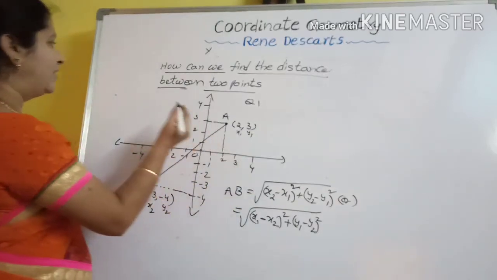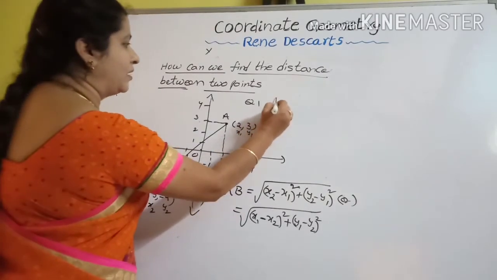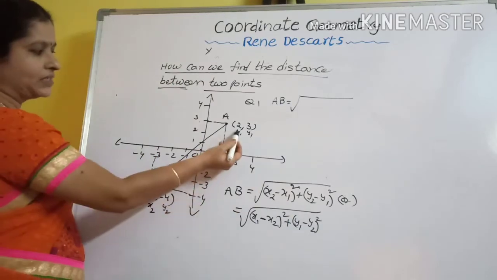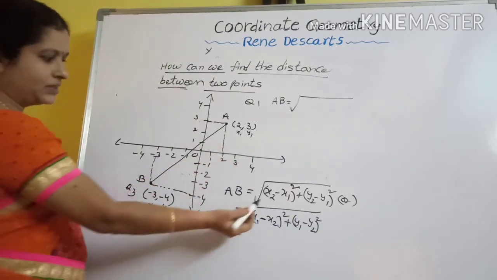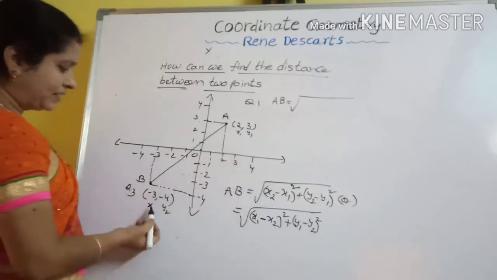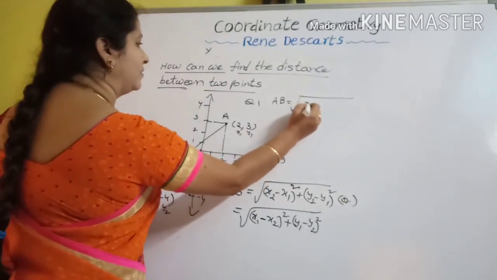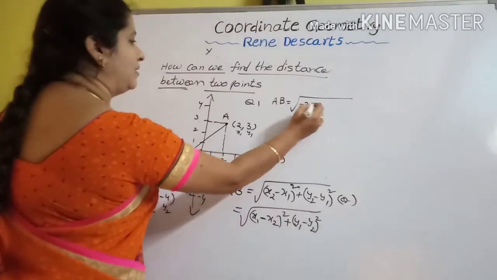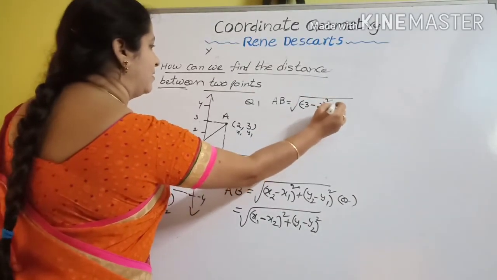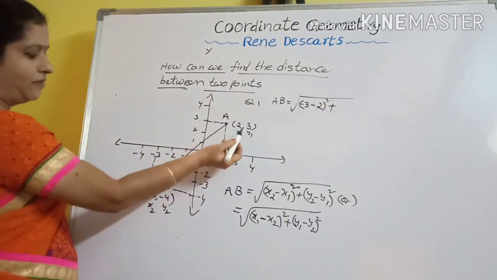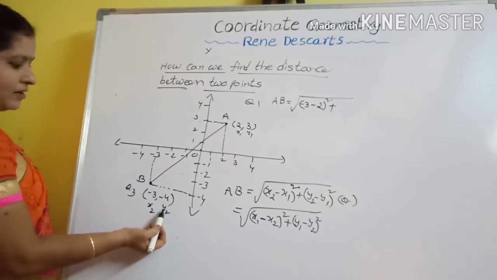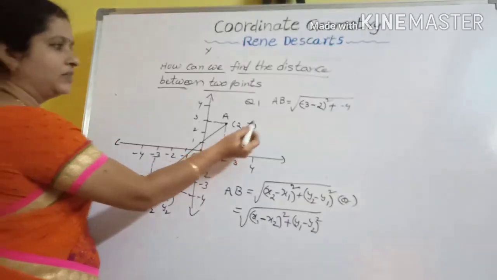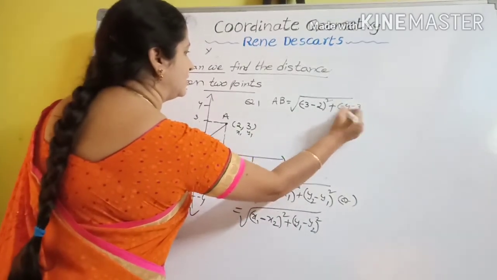So AB equals square root of, just substitute the 4 values x1, y1, x2, y2 in this equation. So x2 means here minus 3, x1 value 2, so minus 3 minus 2 whole square plus y2 value is minus 4, y1 value is 3, so minus 4 minus 3 whole square.